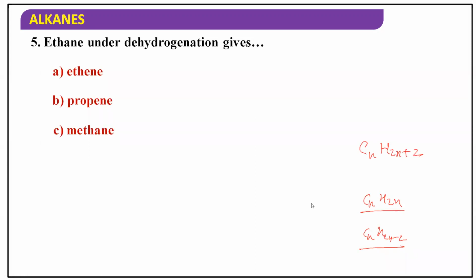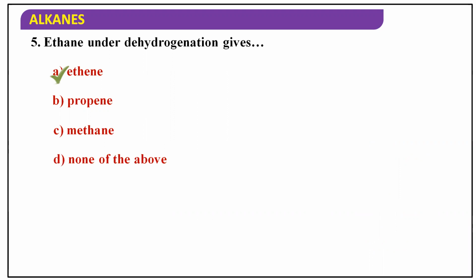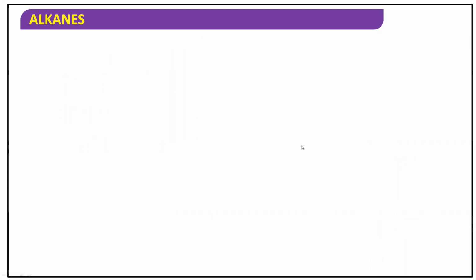But remember, the carbon chain is unaffected. Carbon chain is not changing. 2 carbon will be 2 carbon only. Hydrogenation is adding hydrogen. Dehydrogenation is removing hydrogen. So if you remove hydrogen, ethene will be formed. Carbon chain will be untouched. Length of the carbon chain will be the same.